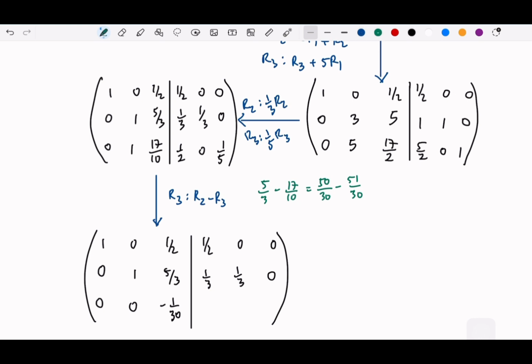And then 2 minus 1, negative 1/6. Right?